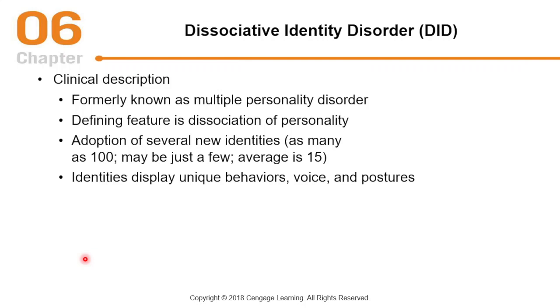The person who's supposed to be just one personality or one identity can adapt several new identities. As literature has said, it can be as many as 100 or just a few, but the average number is around 15. And in most cases, the identities display unique behaviors, voices, and postures.